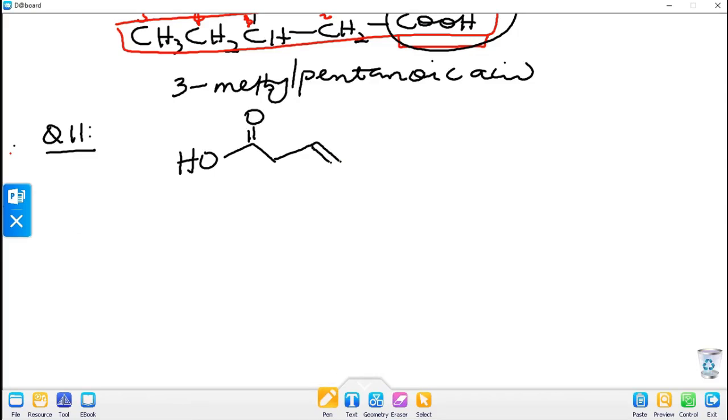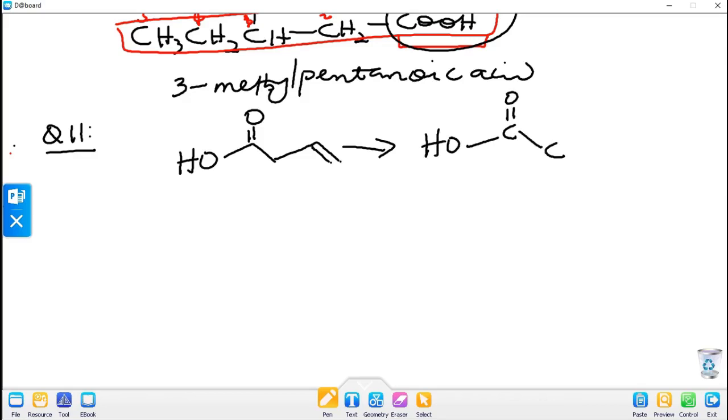We can see this is an example of a compound where there is a double bond between the carbon atoms. When you see something like this, you don't need to fidget. All you need to do is bring out the carbon atoms that are there. So this compound can be written as HO, C double bond O.